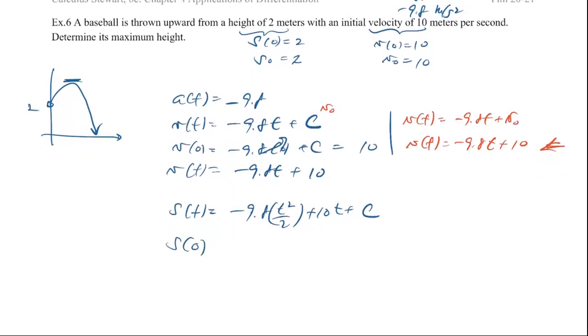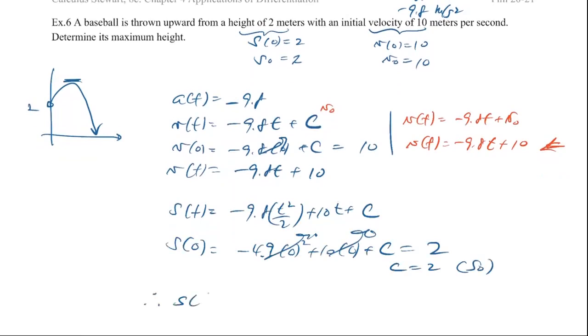So that's negative 4.9 times 0 squared plus 10 times 0 plus c is equal to 2. So that's a 0, that's a 0, so c is 2, right? Once again, that's the s naught. Therefore, s of t is negative 4.9 t squared plus 10t, and the c is 2. And that is the correct answer.